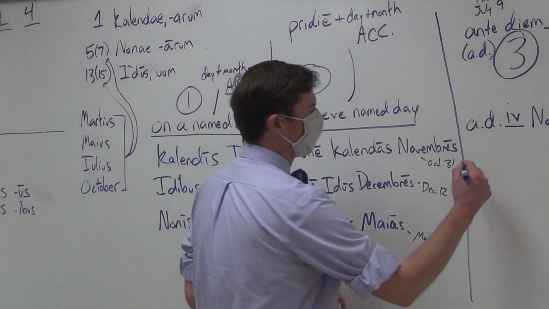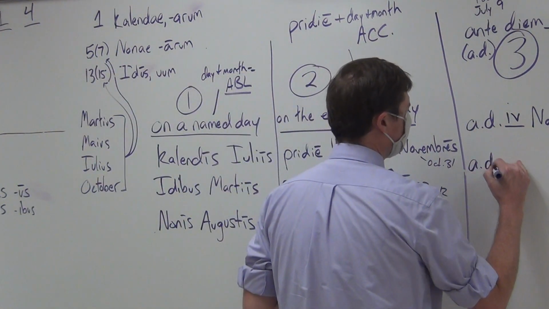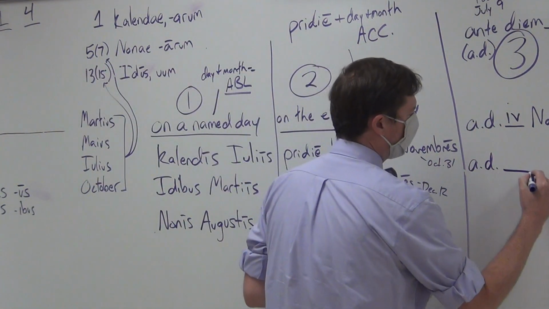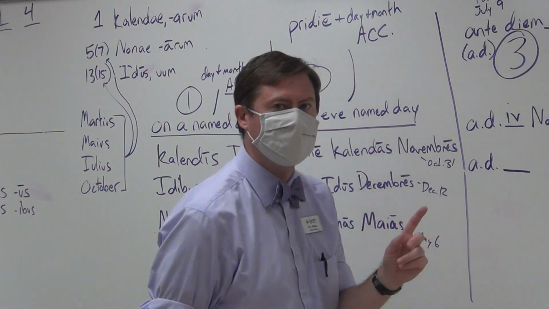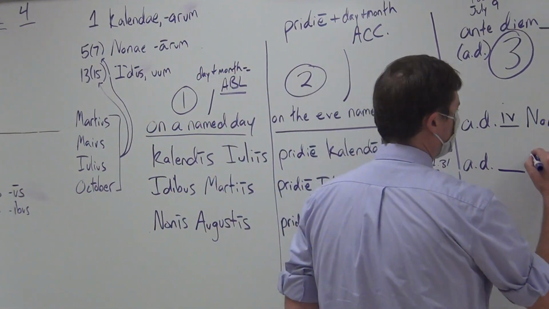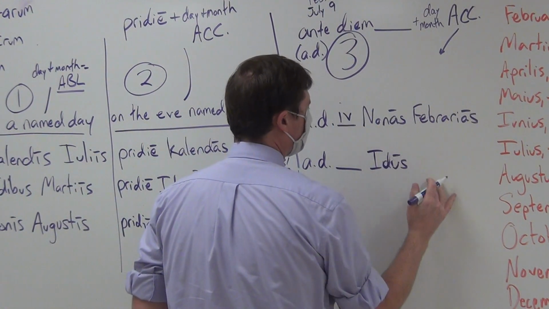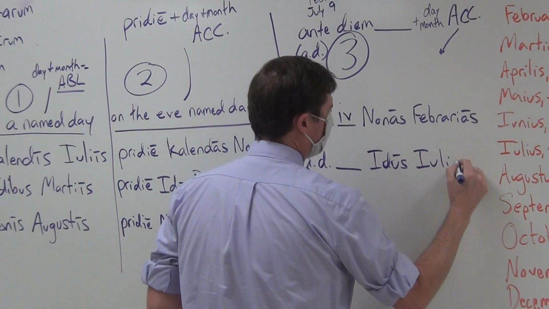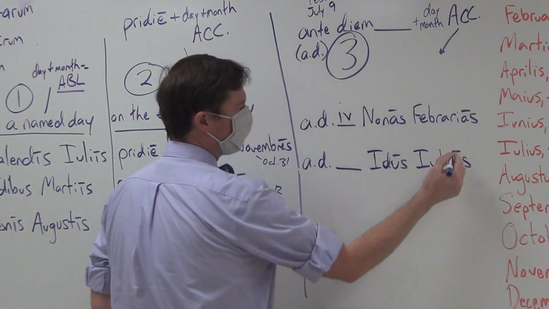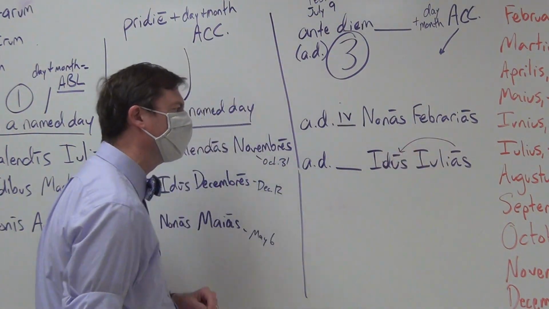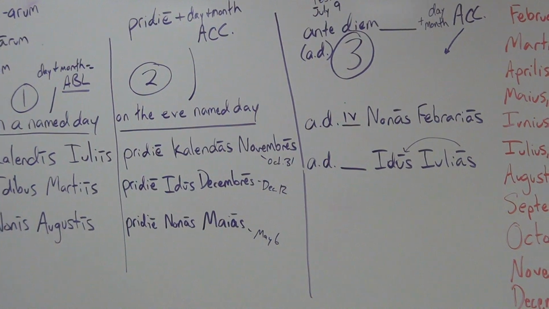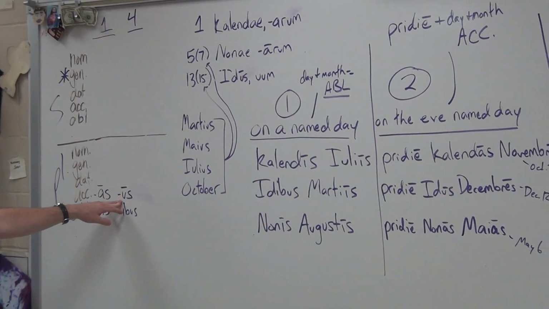So again, ante diem. We are counting to, we just said, the July Ides. So Idus in the accusative. Iulias. Why is Iulias modifying Idus? Because it is fourth declension, plural.